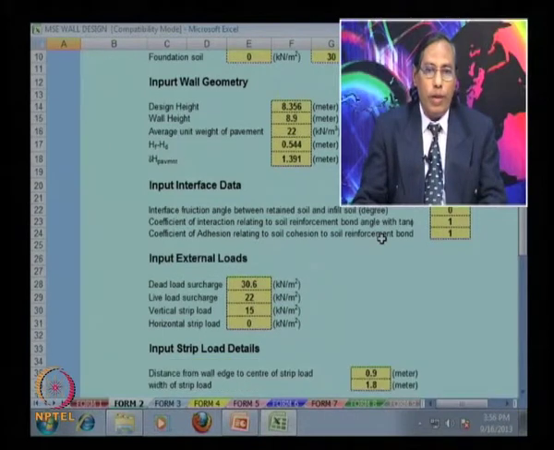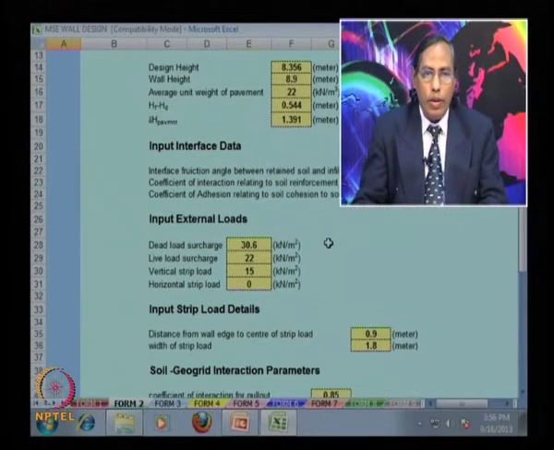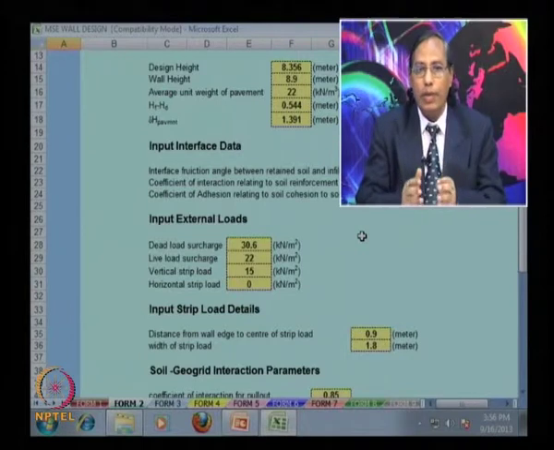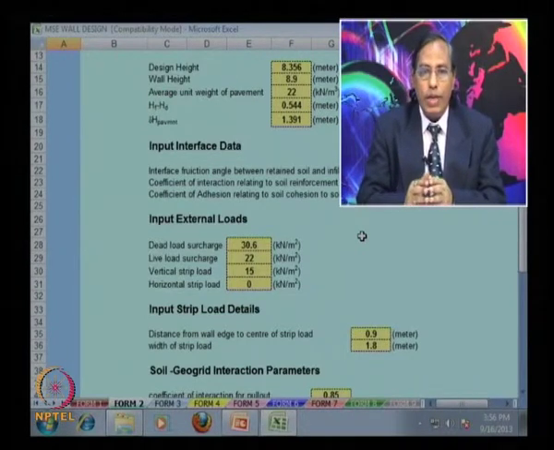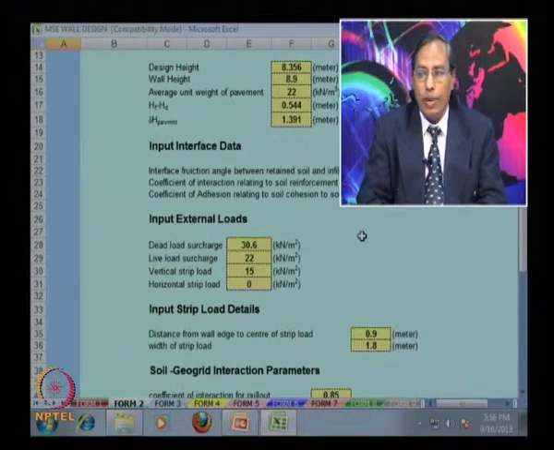Now, you also have to put the input external load. The design load surcharge is 30.6 kilonewton per meter square, live load surcharge is 22 kilonewton per meter square, vertical strip load is 15 kilonewton per meter square, and horizontal strip load is 0.